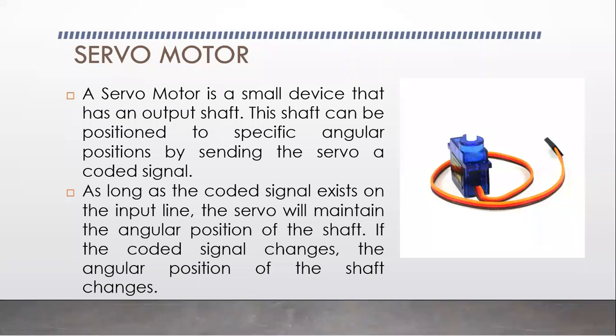Whereas in the servo motor, the angle of rotation is from 0 to 180 degrees. If you give 200 or 240 degrees, it would just stop at 180 degrees. So the servo motor's operating angle is 0 to 180 degrees, guys.